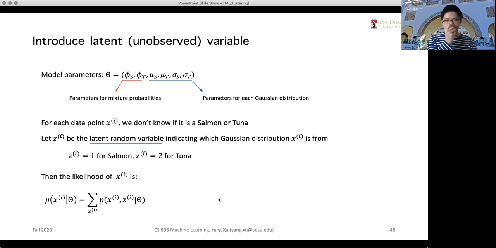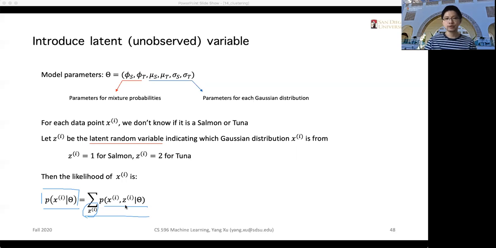So the likelihood of xi becomes like this. It can be decomposed into a summation, because zi has two possible outcomes, either 1 or 2. So the probability of the data point xi is actually the summation of two likelihoods.